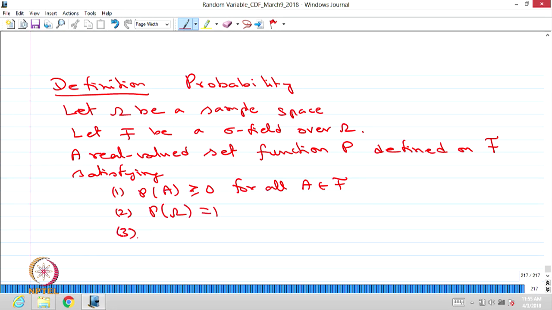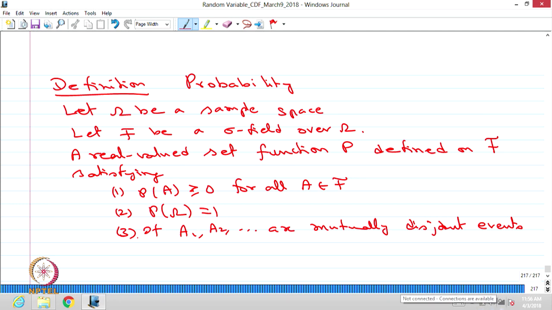Third condition, if A1, A2 and so on are mutually disjoint events. I have not said what is the meaning of events, I will discuss event later.